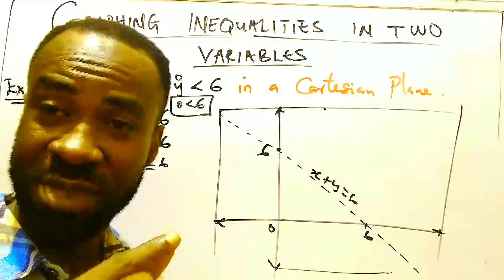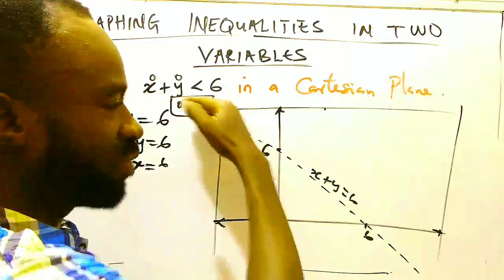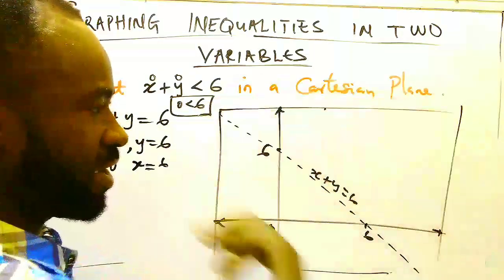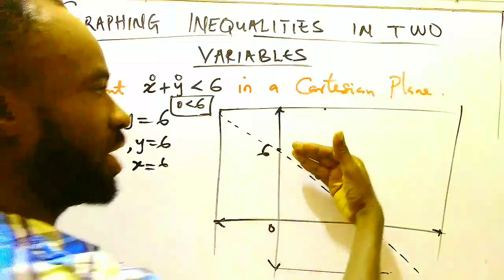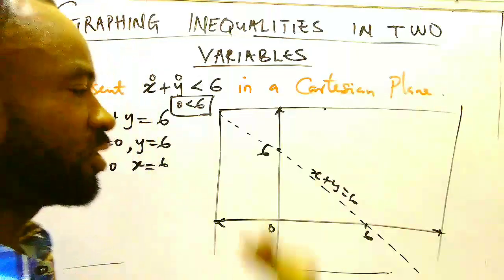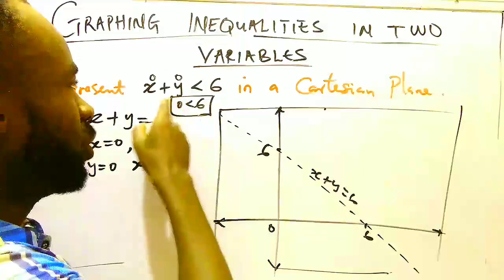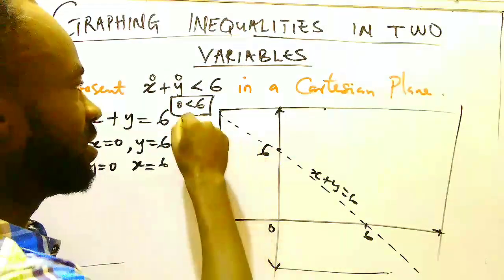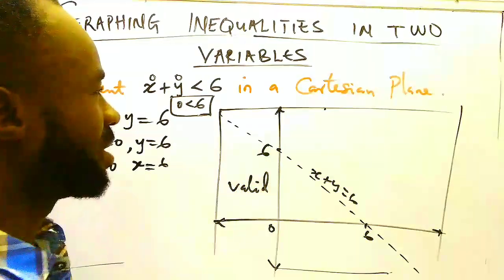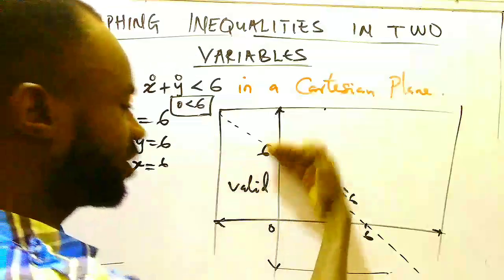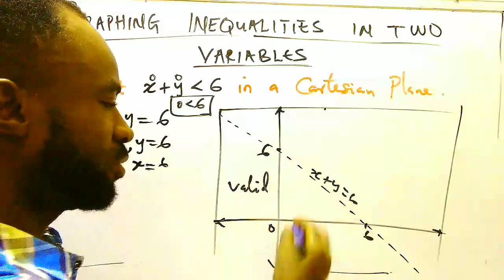Now, remember this boundary line divides this entire plane into two regions, this region below and this region above. Whenever the statement is valid, the region that contains this origin is the acceptable region.